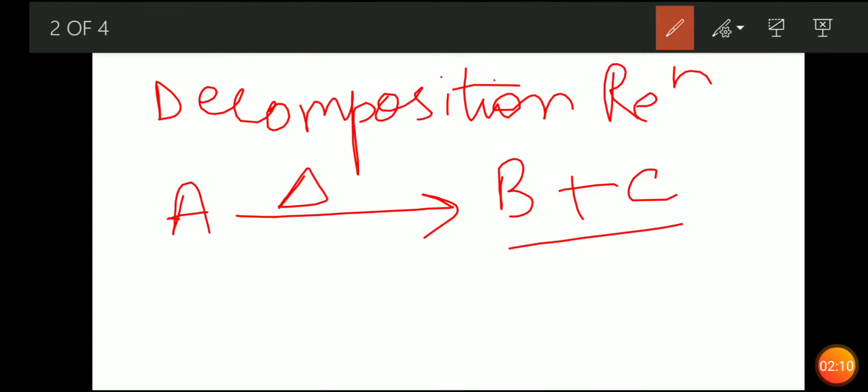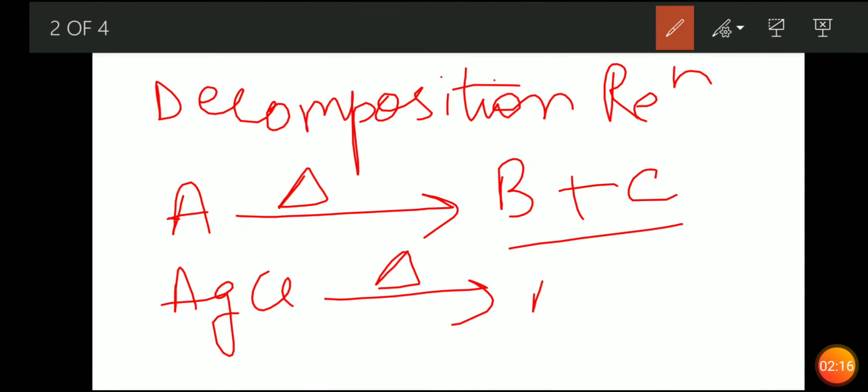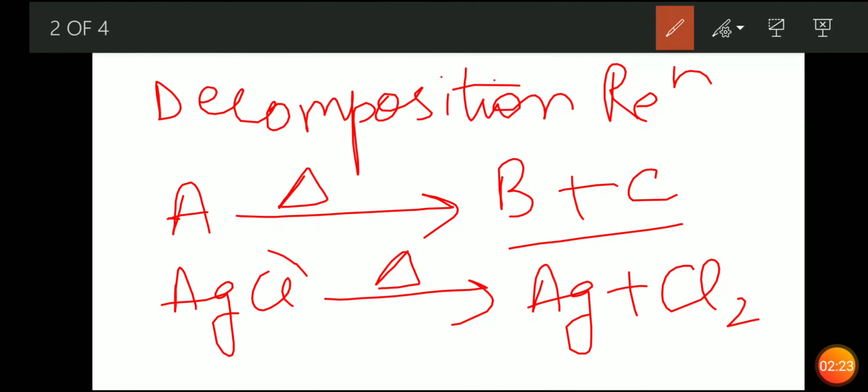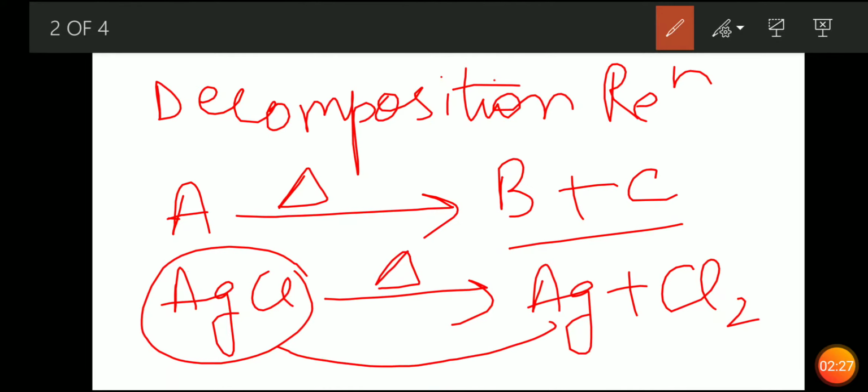The common example is AgCl in the presence of sunlight gives you Ag plus Cl2. That means it is a decomposition reaction where AgCl, silver chloride, in the presence of sunlight breaks down to give you Ag and Cl2.